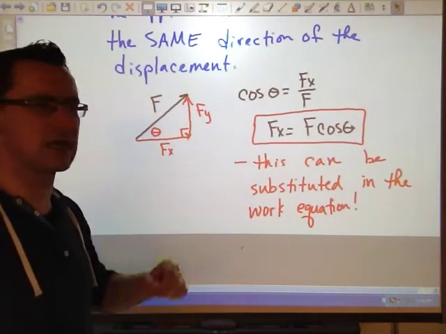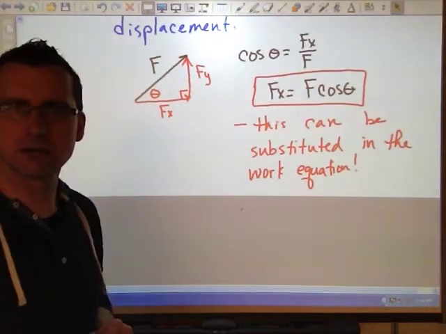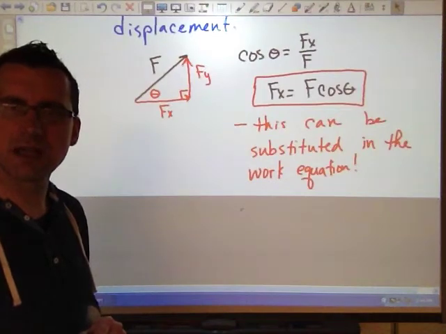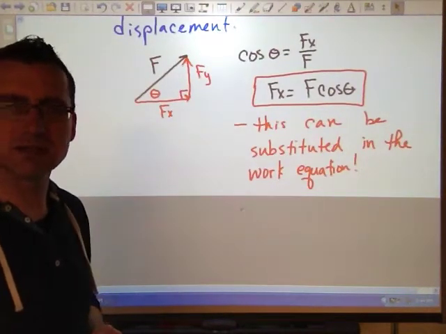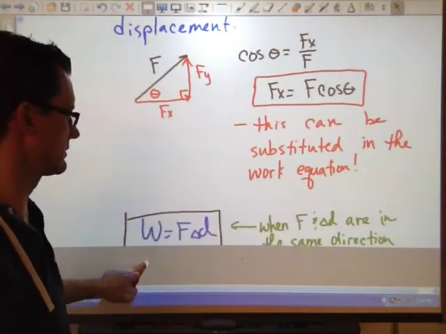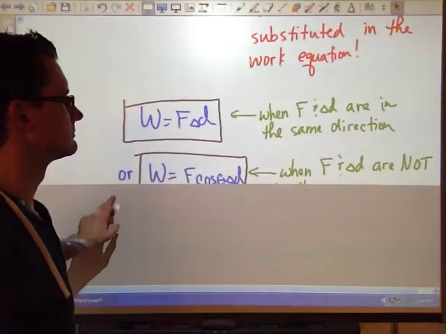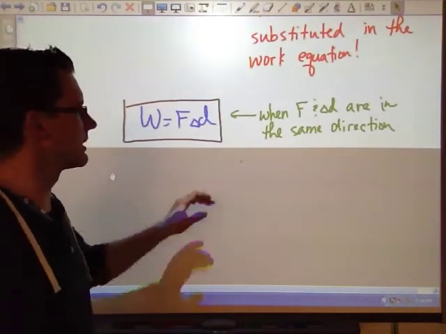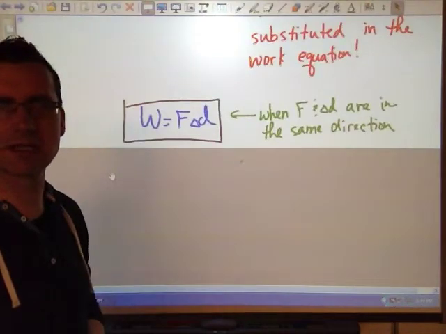And we could actually use that anytime, because if this angle is 0, the cos of 0 is actually 1, so it doesn't make a difference. So you could blindly, I suppose, use that all the time. Or, as in our previous case, when F and D are in the same direction, it's simply work is equal to force times displacement.